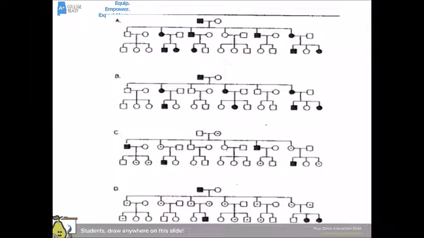All right, so we've got several pedigrees here, and I want you guys to look at them and see if you can determine the mode of inheritance.